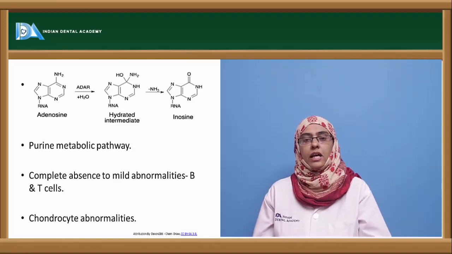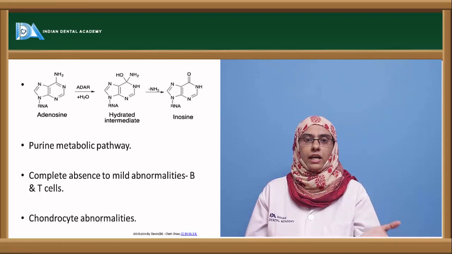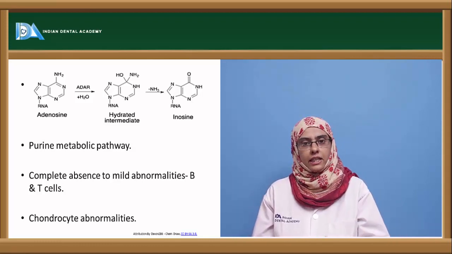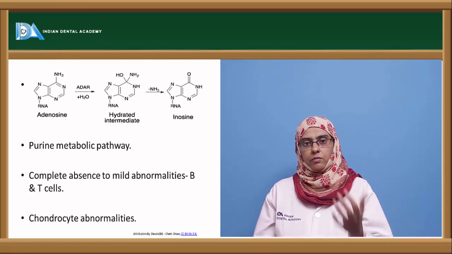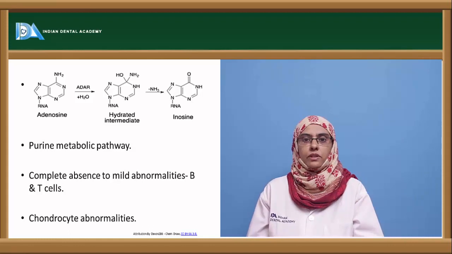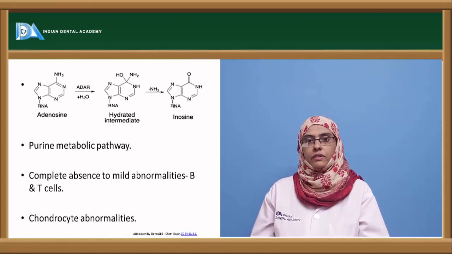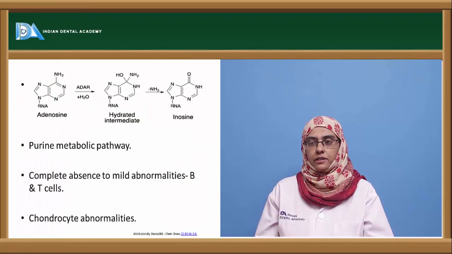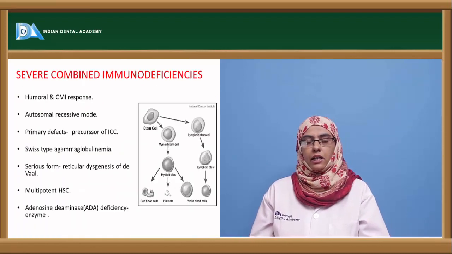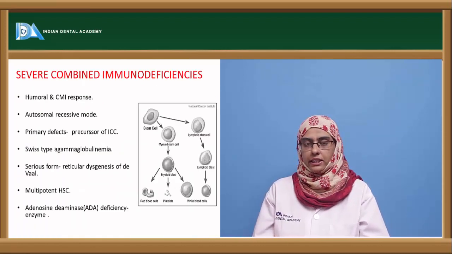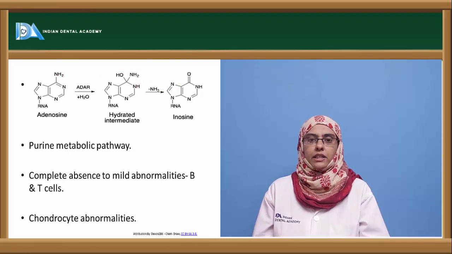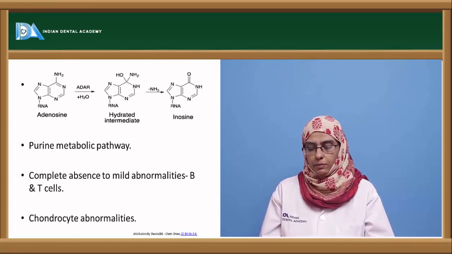Chondrocytes are the cells seen in the bone that release the cartilage and are present in the bone marrow. So there is a decrease in the production of chondrocytes along with the B and T cells. So this is about the combined immunodeficiency diseases of both the humoral branch and the cellular immune response.